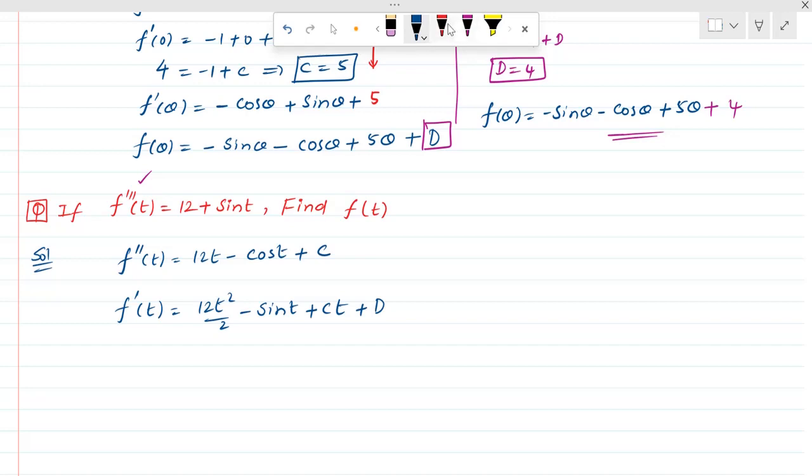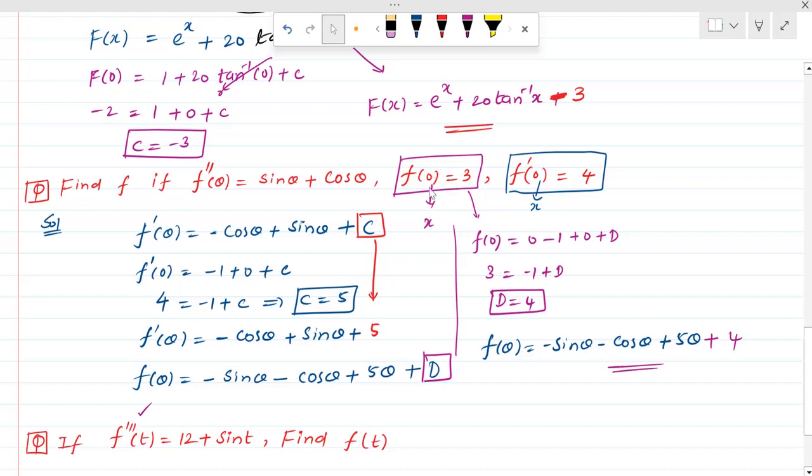That's right. Now if you simplify, it is 6. So f prime of t, I will write it here, 6t square minus sine t plus ct plus d. We are not discussing any substitution because the initial condition is not given.